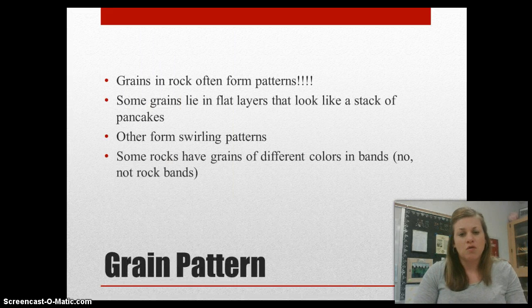Grains in rock often form patterns, alright? So it's a consistent pattern that repeats over and over because of the way it's been created. Some grains lie flat in layers that look like stacks of pancakes. Others are swirling patterns. Some rocks have grains of different bands. No, not like rock bands, but they actually have like straight lines across it. So they're called a band.